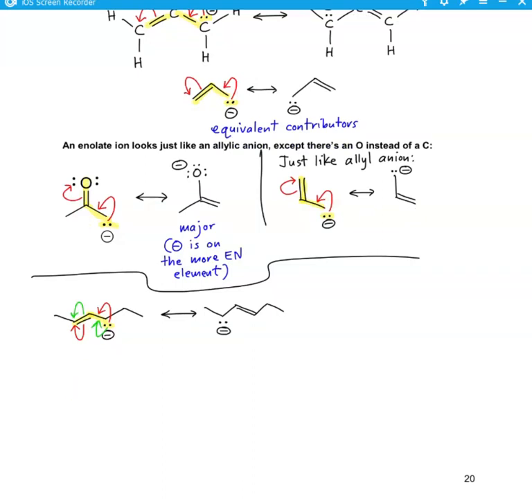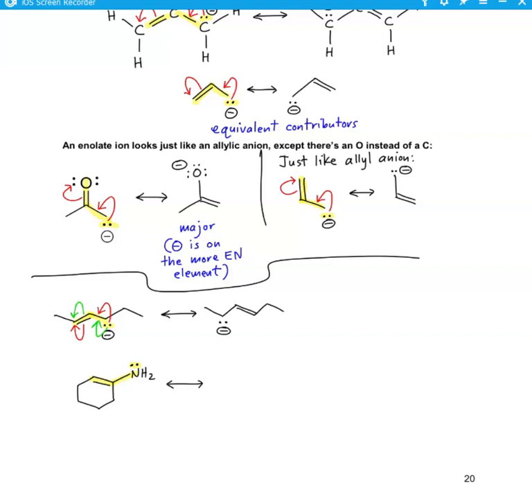Oops, suddenly drawing green structures. Okay, so let's do this. Okay, so this one, there's no charge. So what's going on? We have a double bond and an atom directly attached to those double bond carbons has a lone pair on it.